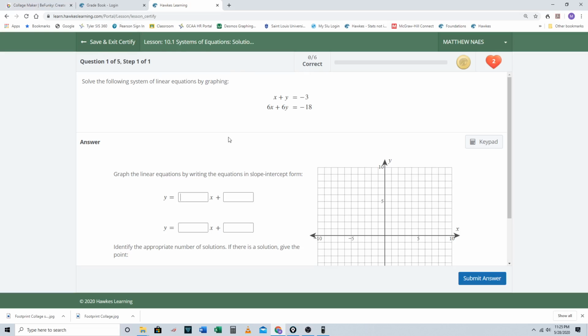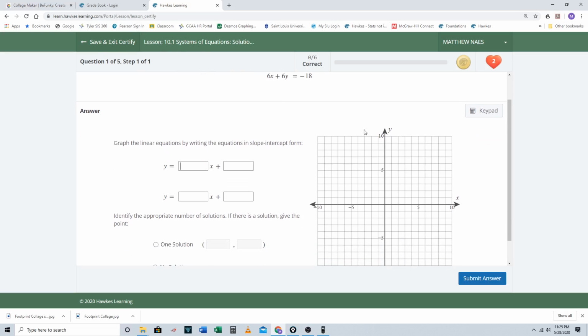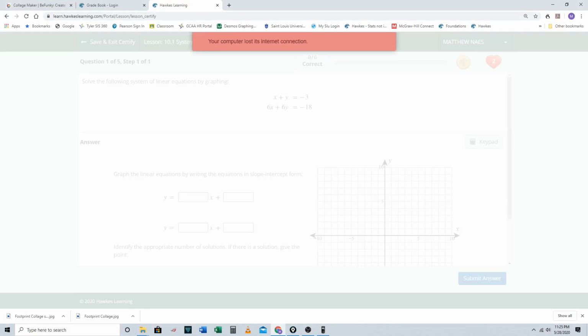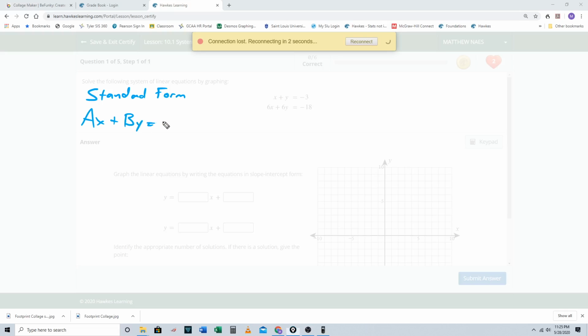There's not a lot of work for these because this takes so much work for just 1 question to go through. Number one, what they want you to do is they want you to take the standard form, and if you remember standard form, ax plus by equals c, and they want us to convert it to slope-intercept form.